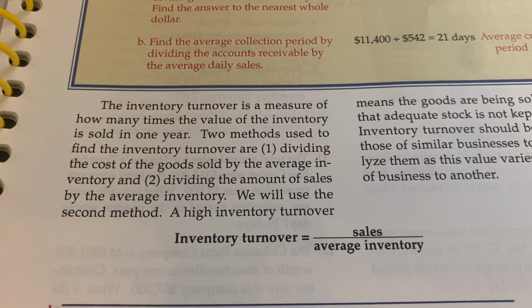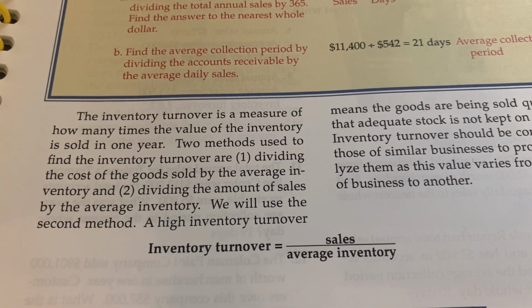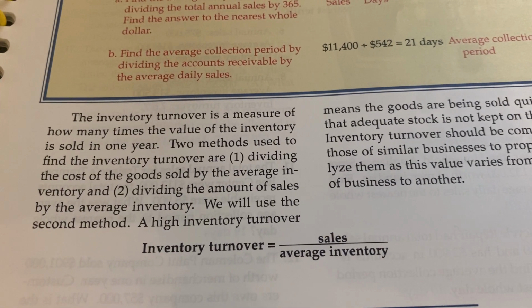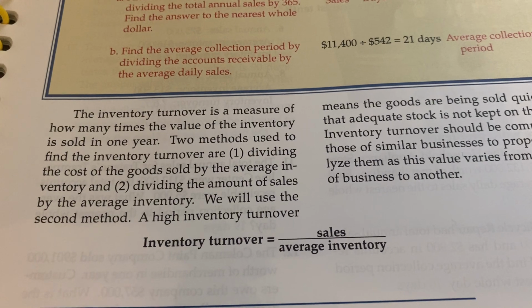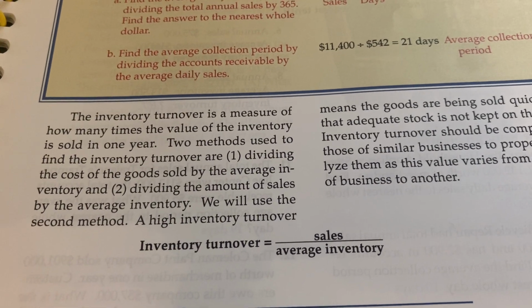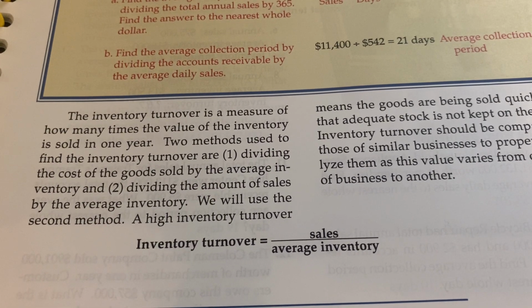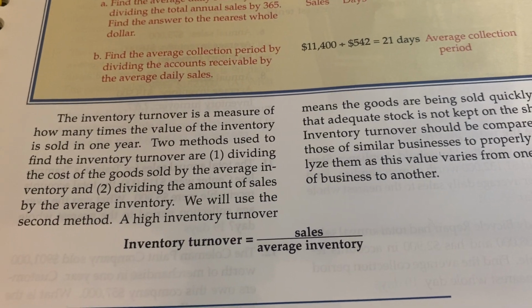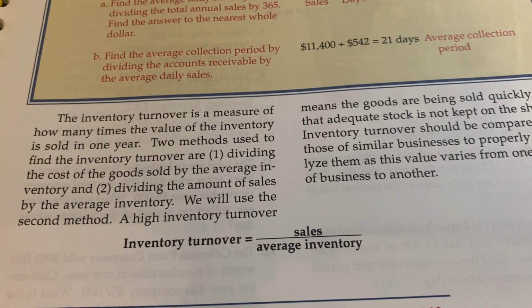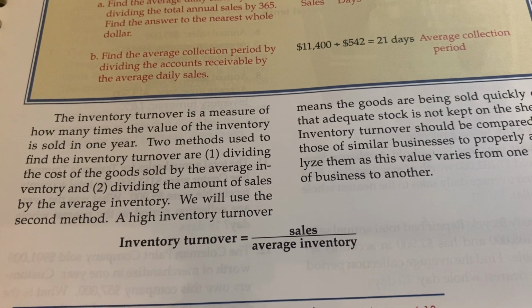A high inventory turnover means that the goods are being sold right away. So if you have things on the shelf, this is saying how fast are they being sold? Are they sitting on your shelf for a long period of time? You want to know how fast your inventory is being sold.